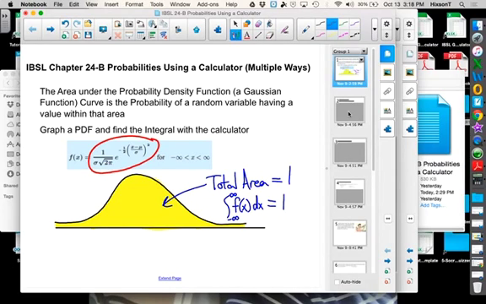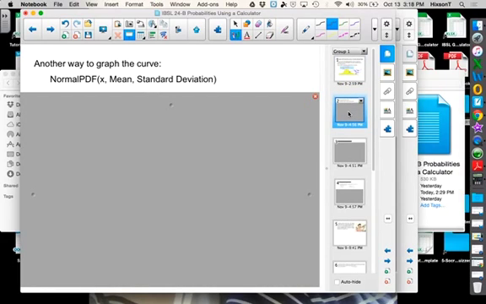So, with your calculator, the first thing we're going to look at is when we're graphing this curve, rather than trying to punch in that whole function there and get all the parentheses in the right spot and not make any mistakes, we actually have this normal PDF function built into the calculator.